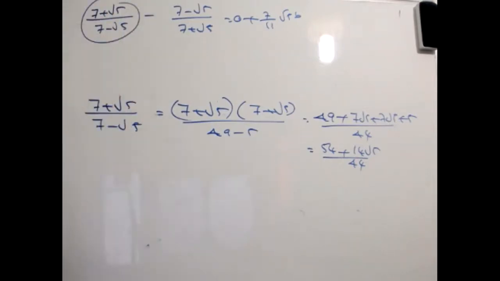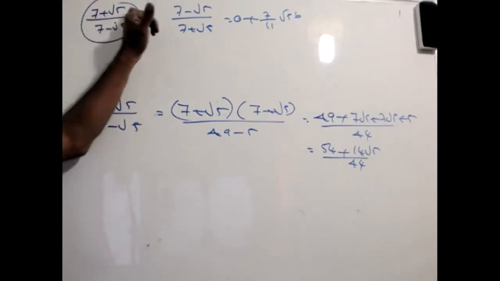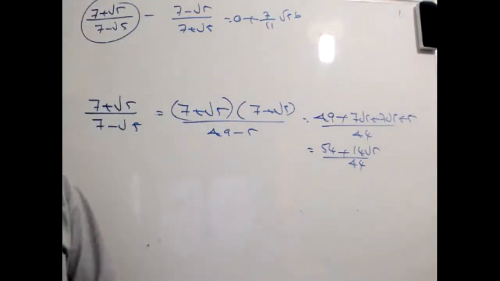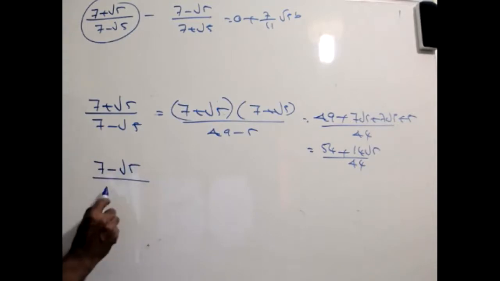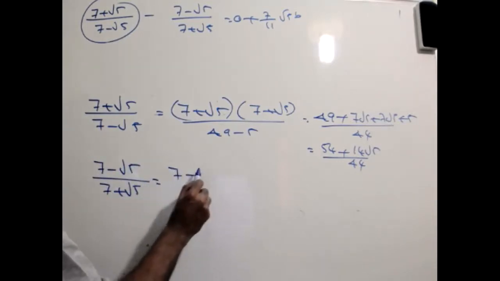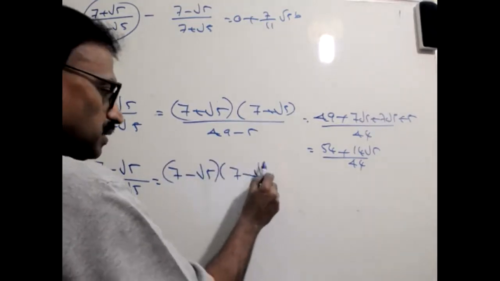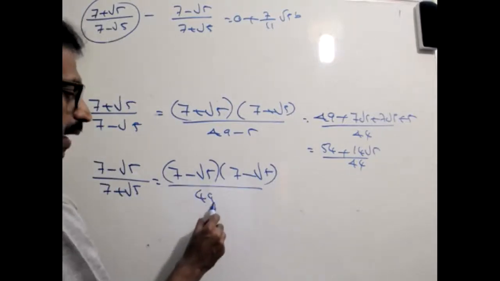Check. Usually I ask this question, okay? 7 plus root 5 divided by 7 minus root 5. You got like this. Now we got 7 minus root 5 divided by 7 plus root 5 equal to what? 7 minus root 5 into 7 minus root 5 divided by, you'll get the same thing, 49 minus 5.